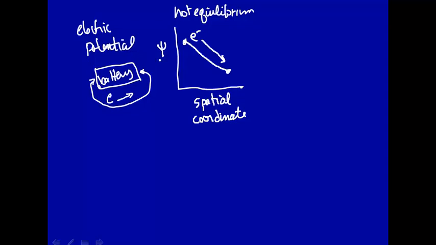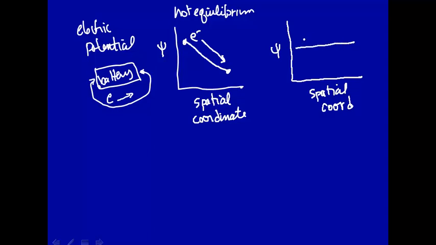If the system is at equilibrium, the plotted potential versus spatial coordinate will be flat. Now nothing's happening. If you have an electron right here, there's no potential gradient. Potential gradient is related to force, so there's no force to move these electrons from one place to another. So the system is at equilibrium when there are no gradients in an intensive variable, and therefore no fluxes of the corresponding extensive variable.